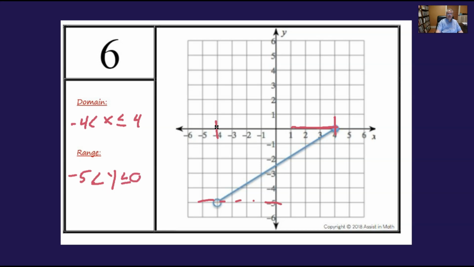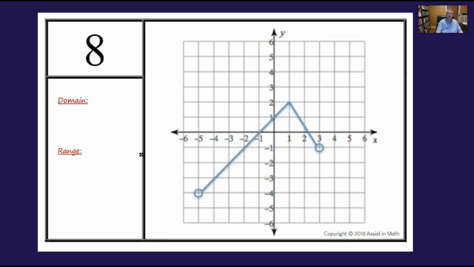Okay, so x values from -4 up to 4, and we got y values that go from -5 up to 0. So domain is how far left to how far right. Range is how far down to how far up.